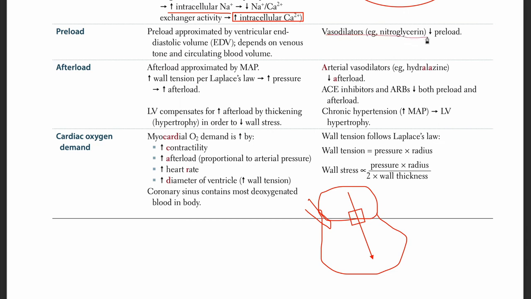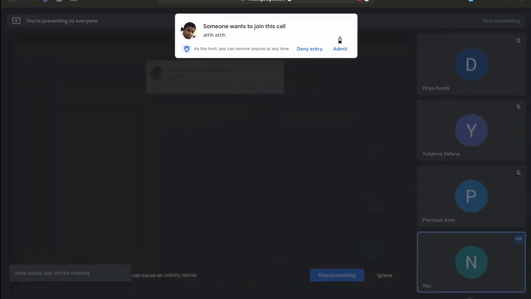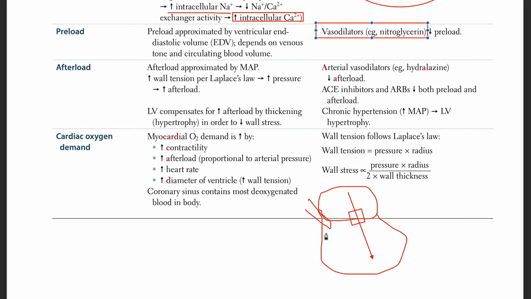Vasodilators, right? So vasodilators are going to dilate the systemic vessels, right? When that dilates, the blood starts pooling in at least the veins, because they don't have the valves.